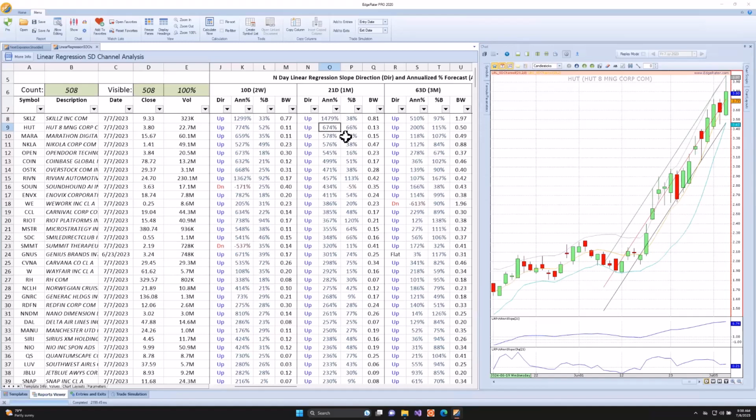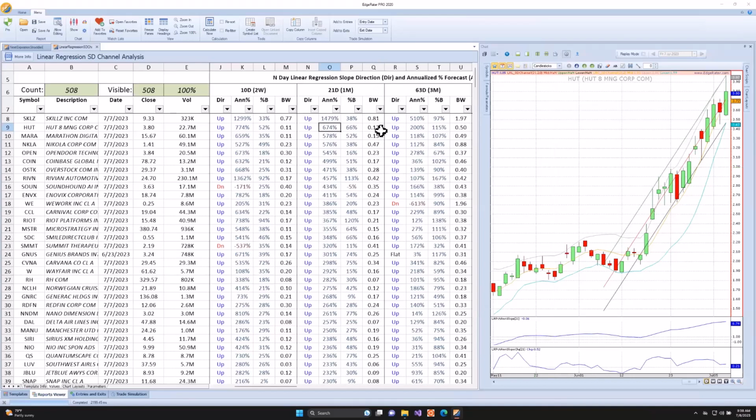So here you have Hut 8 Mining Corp. Okay, that's making a nice move over the last 1 month. A measure of the width of this channel here is the column Q, bandwidth.